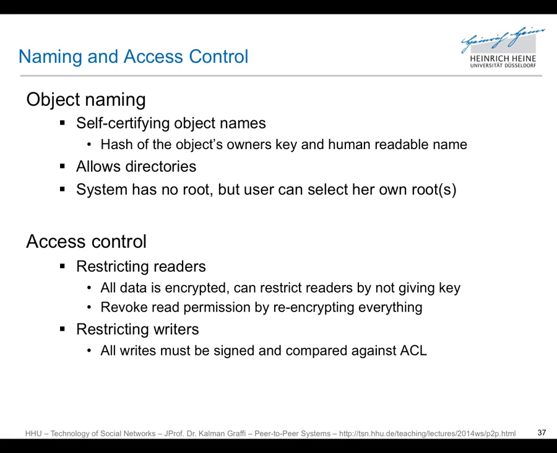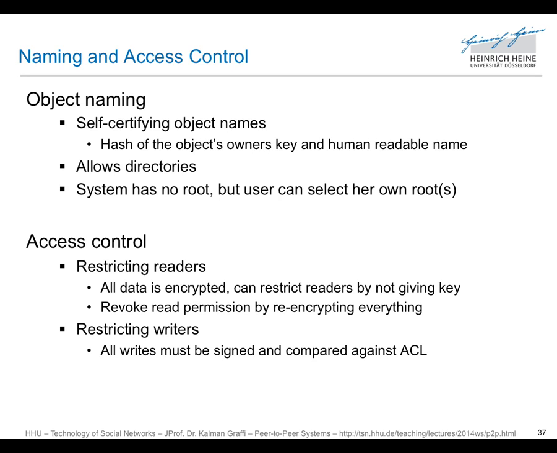So if you encrypt your data and store it in a network, then it's up to you to give the decryption key to the read-enabled users, otherwise they cannot access it. If you want to revoke a read permission, so if some of your friends or whatever should not be able to read it, then you have to re-encrypt everything and not tell them the key.